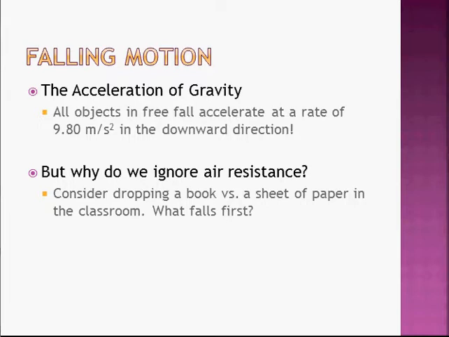The size is 9.8 meters per second squared. The direction is downward. So when things fall, they fall toward the Earth, and if they're in free fall, they're going to accelerate at 9.8 meters per second squared downward. So with that in mind, again, the key point here is it has to be in what are called free fall conditions.